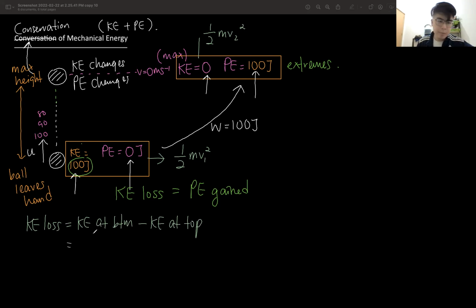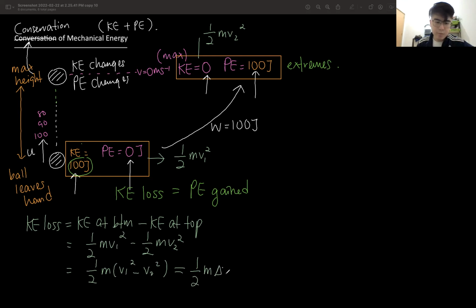What is KE at bottom? 1/2 mv1 square minus 1/2 mv2 square. Then I factorize this, half m, v1 square minus v2 square. This one is the same as if I write it as m, the change in v square, the change in v, v1 minus v2. Whenever you see this symbol delta, it means the difference.